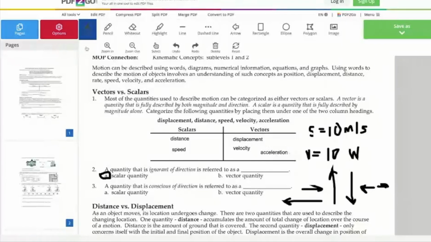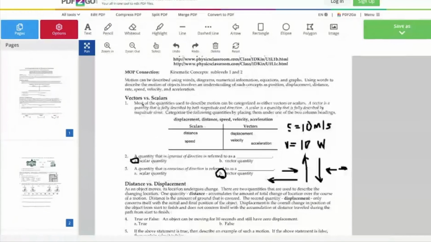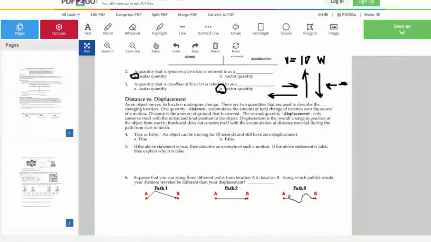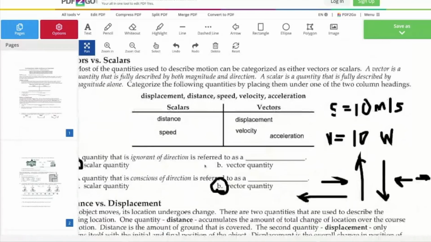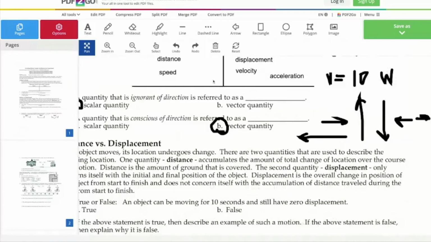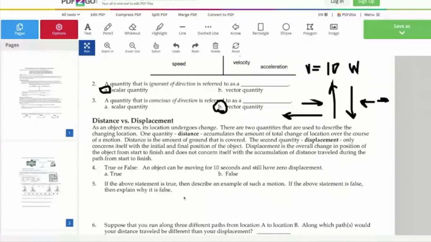Also going to circle that it's conscious direction. That's a vector quantity. All right, so let's keep moving on. Now that we've gone over distance and displacement with regards to scalars and vectors, we're going to talk about distance versus displacement specifically.